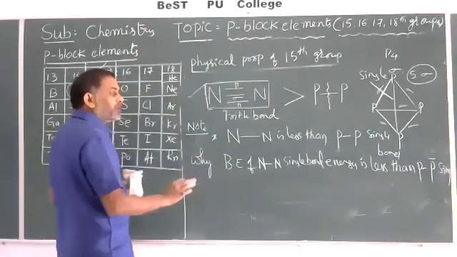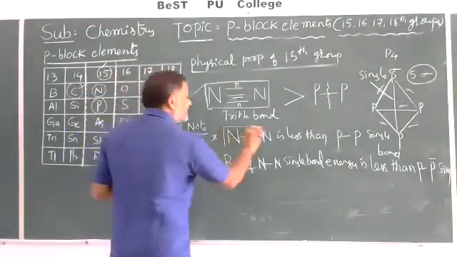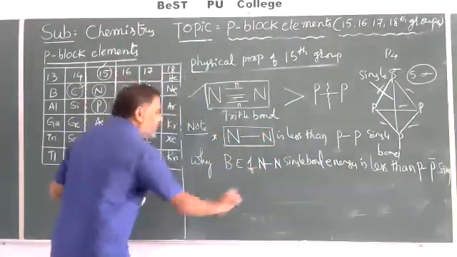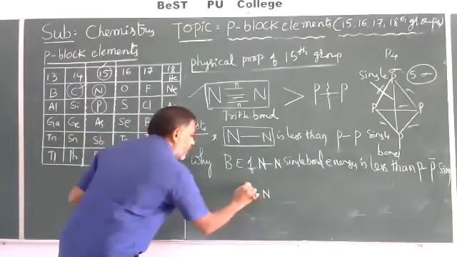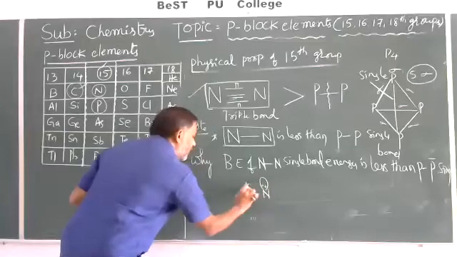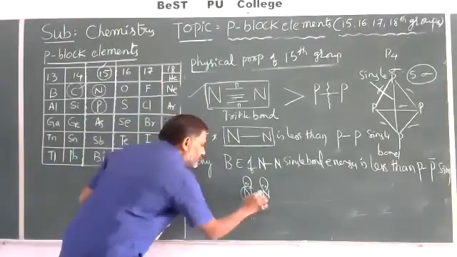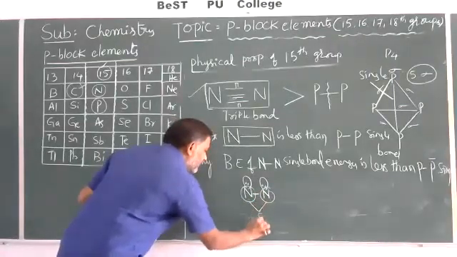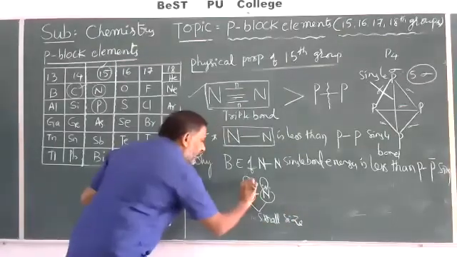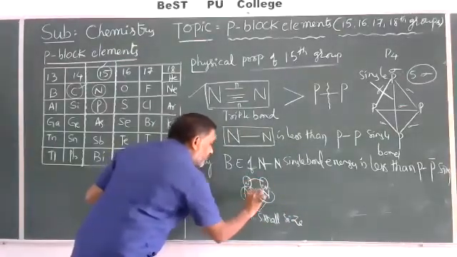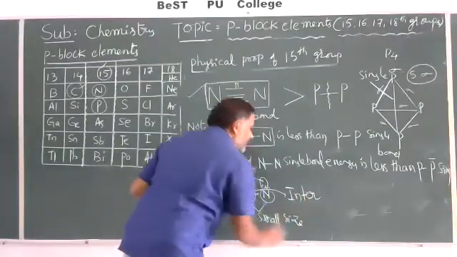The reason is that between nitrogen single bonds, due to the small size and the presence of lone pairs, inter-electronic repulsion takes place.